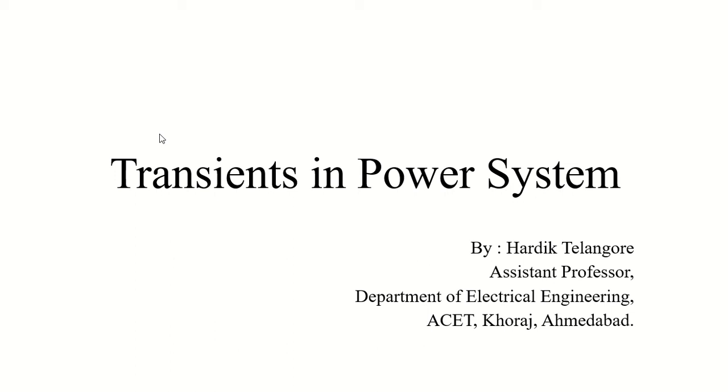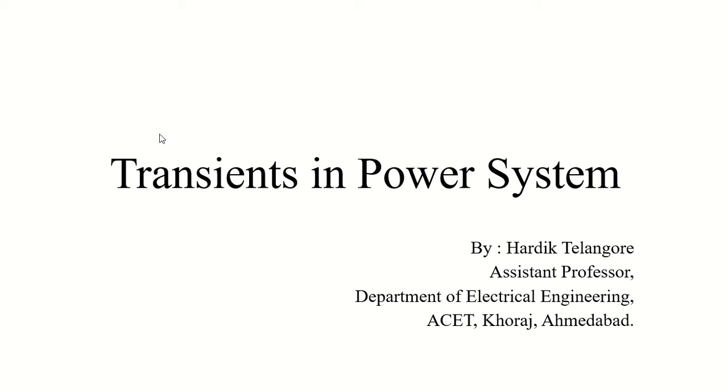But now that we have reached the last chapter, I would like to tell you that power system is a very weird and bizarre subject in its own way, right? And how? Because 90% of the operation which takes place in the power system, during all that time my system will be under steady state condition.